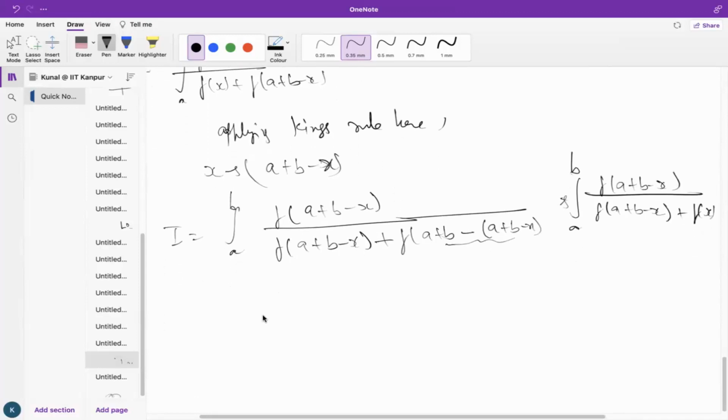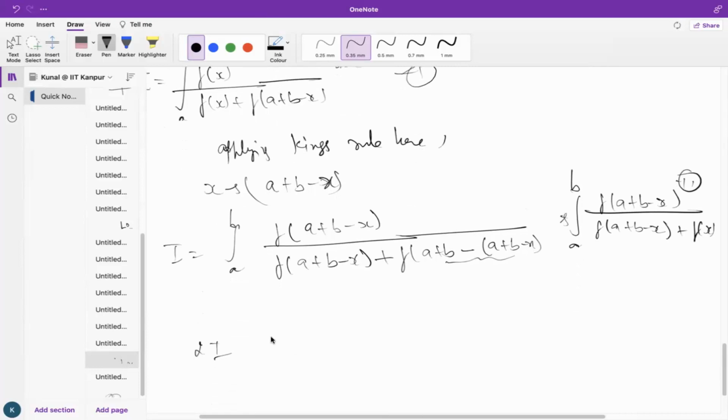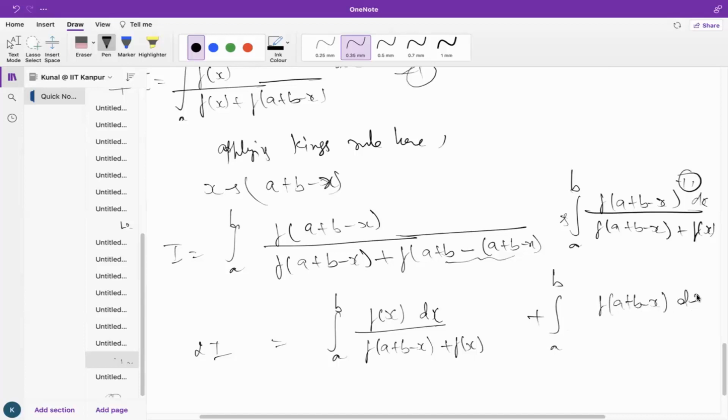Now what you have to do, just add equation 1 and 2. This is our equation 2. This is our equation number 1. When we add equation 1 and 2, we have to integrate from a to b f of x dx plus integral from a to b f of a plus b minus x dx, divided by f of x plus f of a plus b minus x.